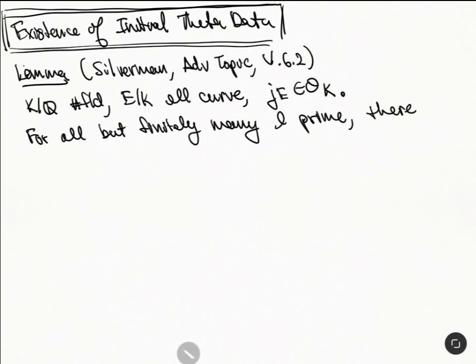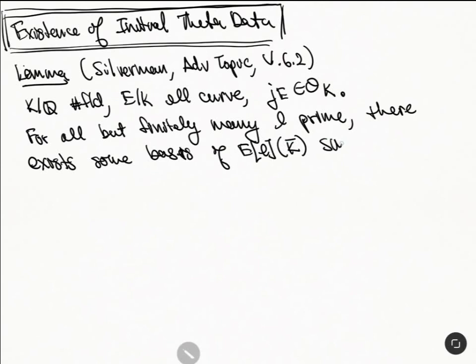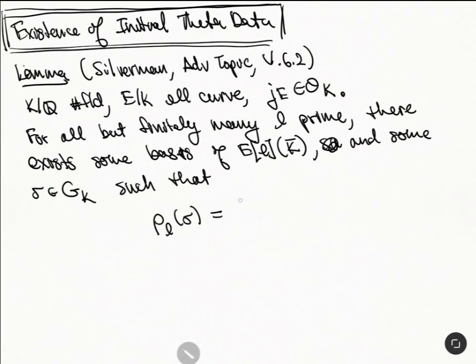there exists a basis of E[l](K bar) such that, and some sigma in G_K such that rho_l of sigma is equal to 1101, where this rho_l is the mod l representation.